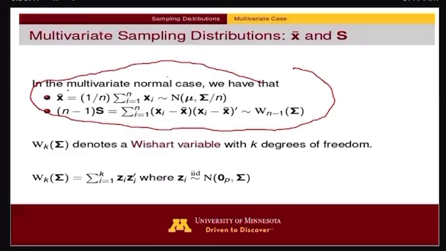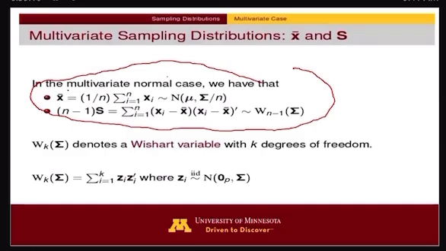The statistic for the mean is going to be a mean vector, which means the sample mean vector converges to the population mean vector. So the law of large numbers applies.